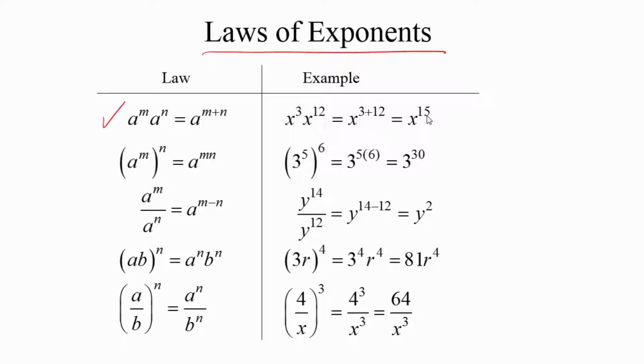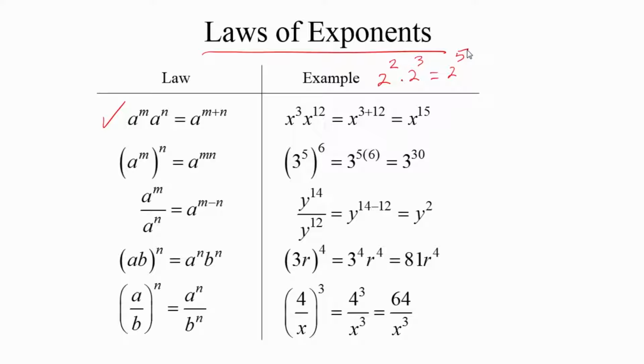In this example you have a variable. This could be numerical. It could be a number. So for example, you can have 2 to the second power times 2 to the third power. We are saying you should write that as 2 to the fifth power. Add up the powers, right?